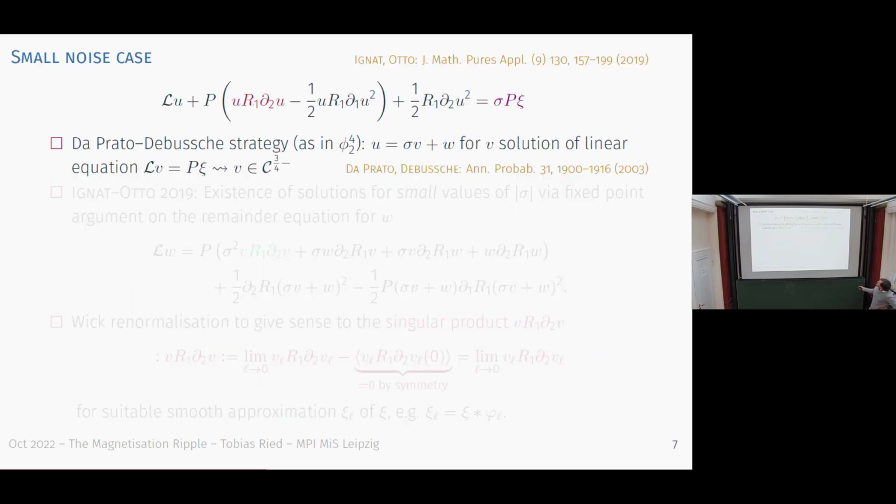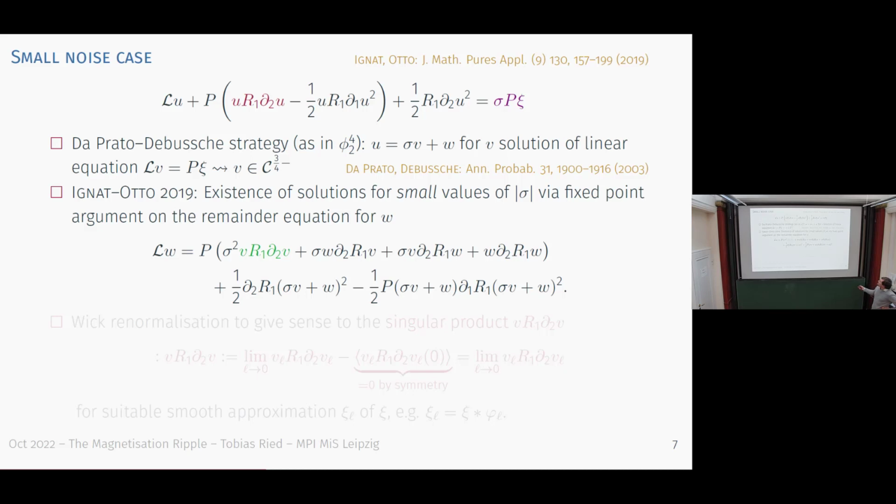And as a first sign of this, let me mention the previous work by Ried and Felix, who analyzed the problem on the equation side, by a Da Prato-Debussche strategy, which is similar to the treatment of Da Prato and Debussche of the Phi^4_2 model. They split off the linear solution and study oscillations around the linear solution, and then you can actually set up a fixed point argument for the remainder part, at least for small values of the noise sigma.